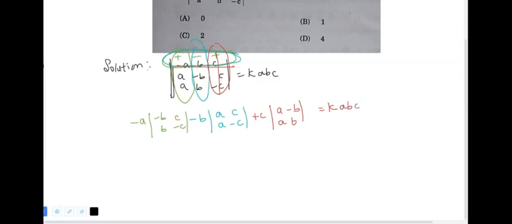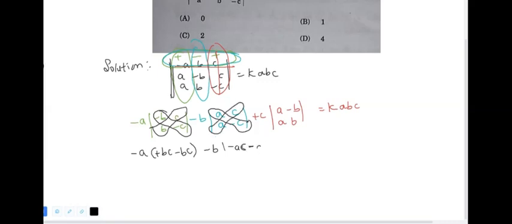Now if we simplify this side, we get minus a into, by cross multiplication, minus into minus becomes plus, b into c is bc, minus the cross multiplication of these two, b into c is bc. Then minus b into, a into minus c is minus ac, minus a into c is ac.